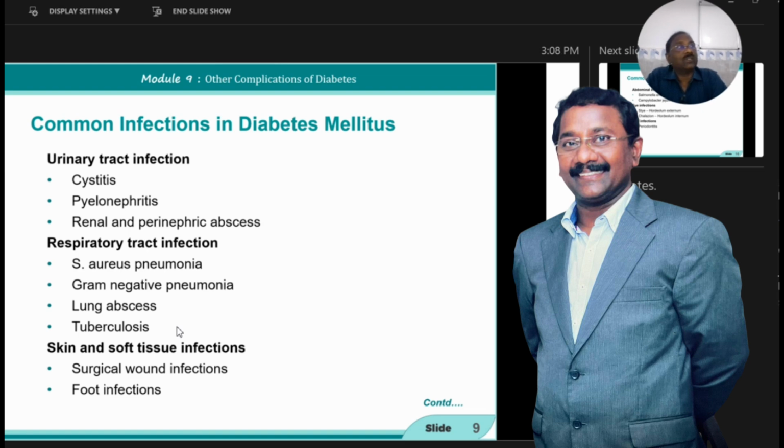Then you will have tuberculosis of your paranasal sinuses, sinusitis.